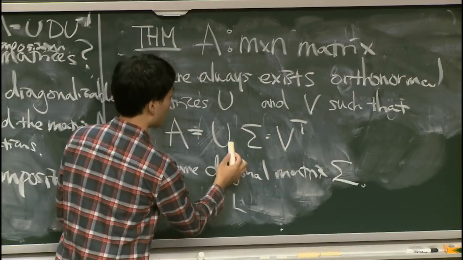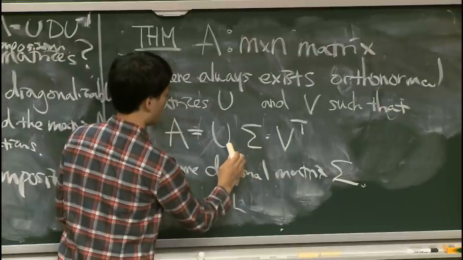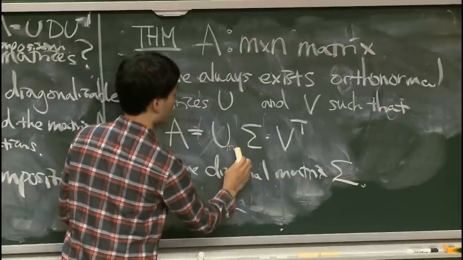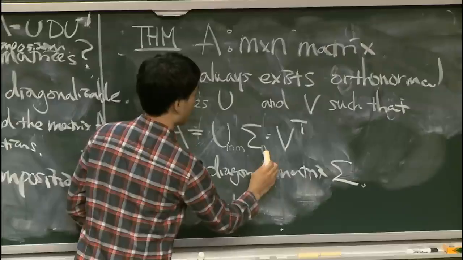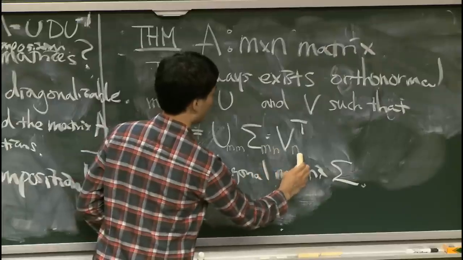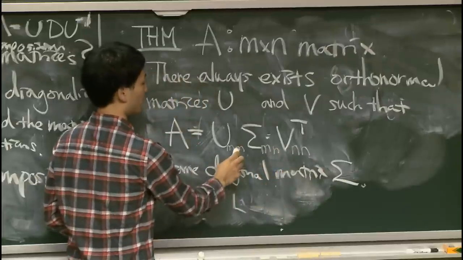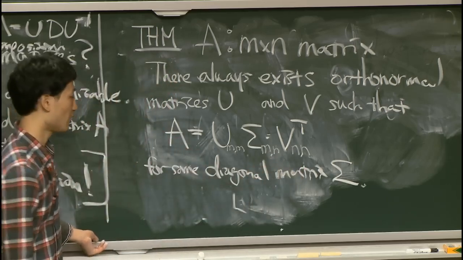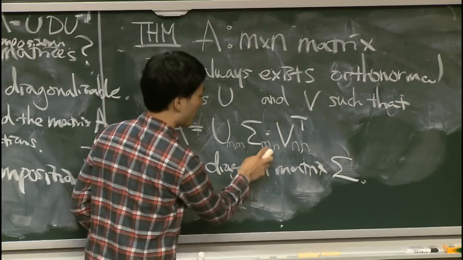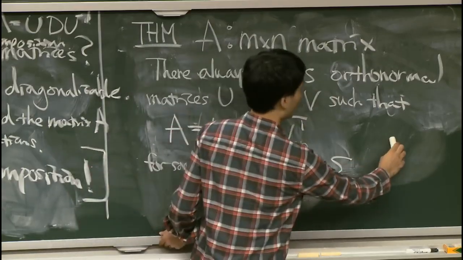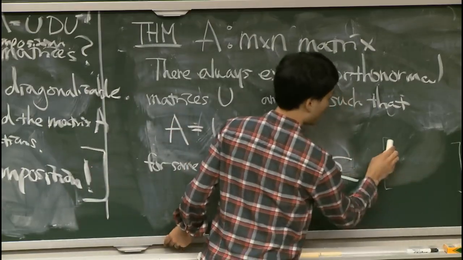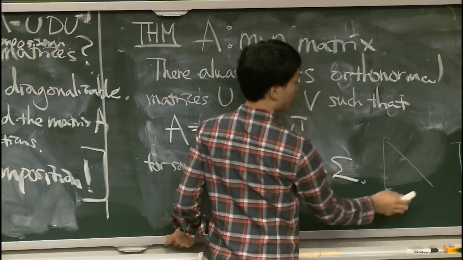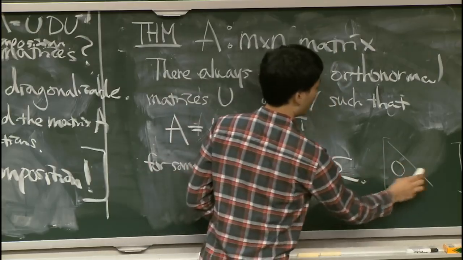But now the sizes of the matrices are important: U is an m by m matrix, sigma is an m by n matrix, and V is an n by n matrix. That just denotes the dimensions. So what does it mean for an m by n matrix to be diagonal? It just means the same thing: only the ii entries are allowed to be non-zero.